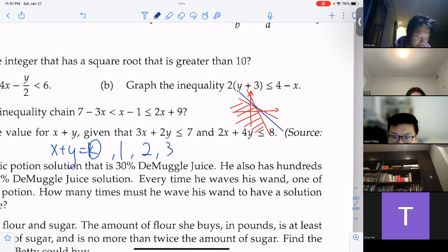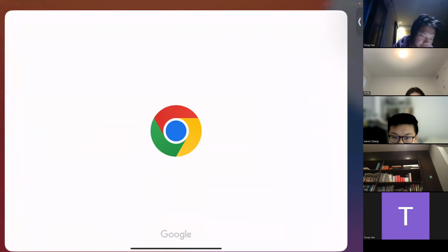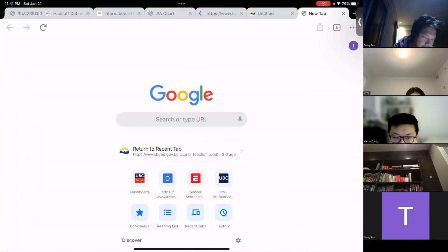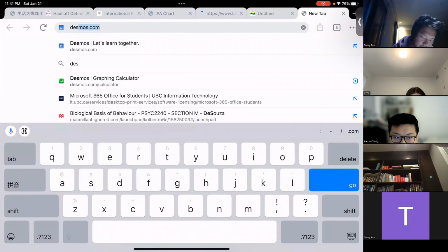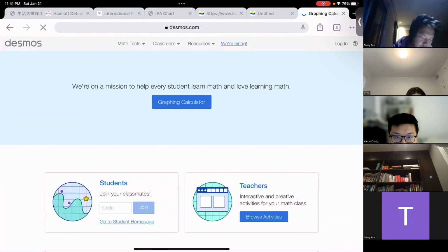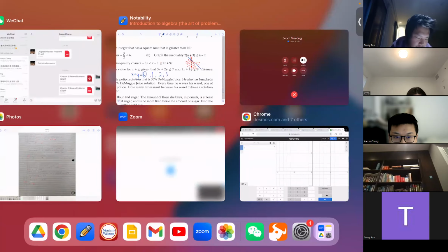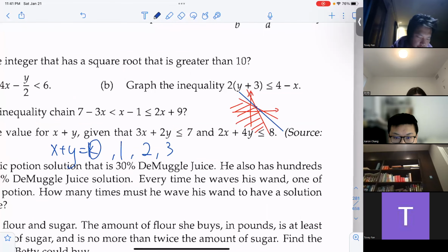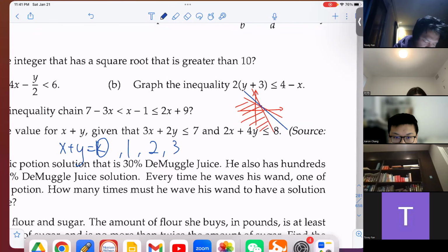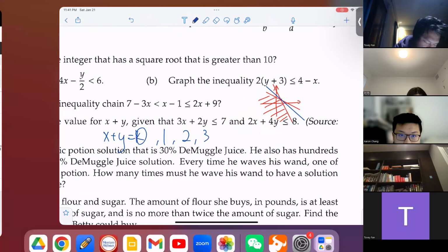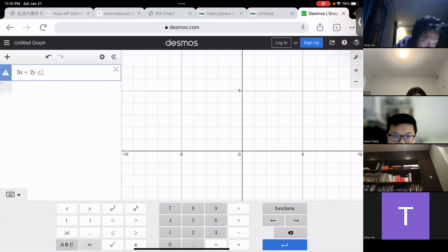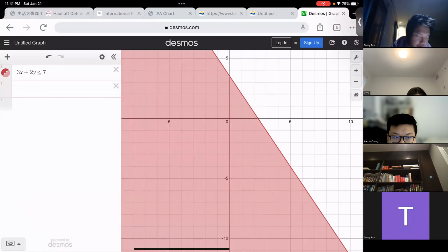Okay, maybe let's choose Desmos. Have a look. So 3x plus 2y, 3x plus 2y, less than or equal to 7, something like this.